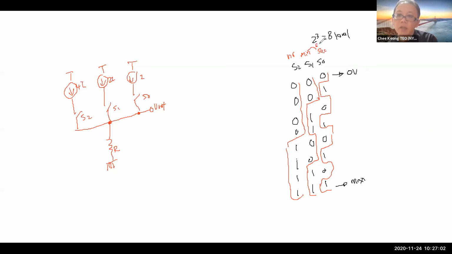It's like the second hand and minute hand. 60 seconds make 1 minute, and 60 minutes make 1 hour. So the second hand needs to move one cycle for the minute to advance by 1, and likewise the minute needs to advance by 60 for the hour to advance by 1. That's what we call cyclical.